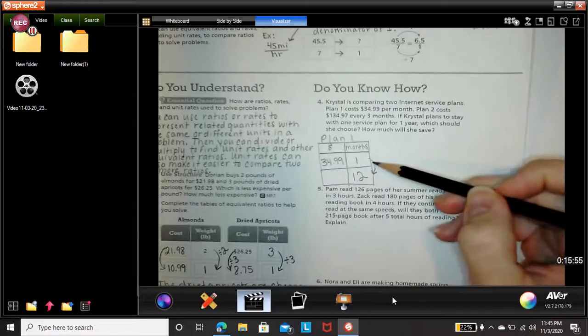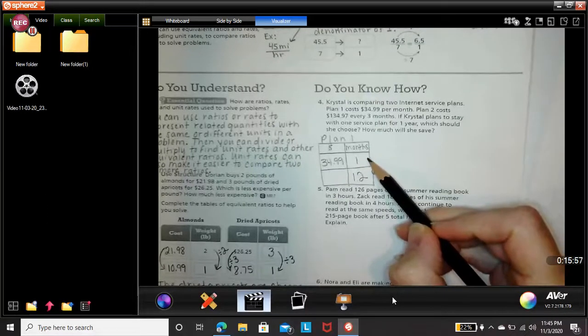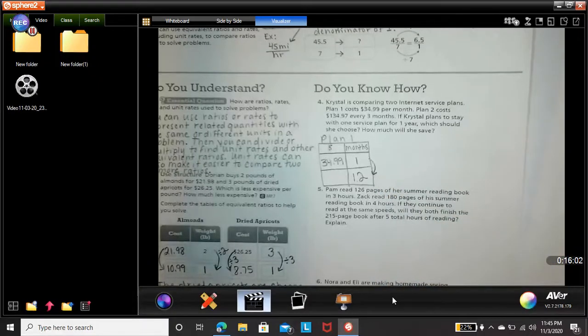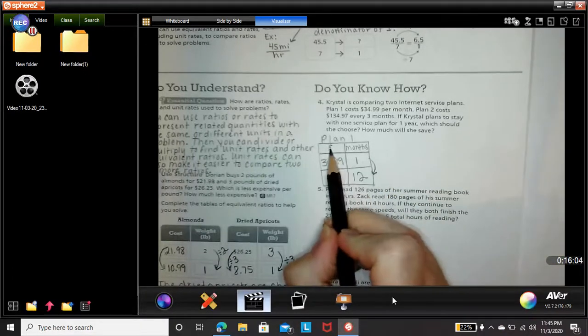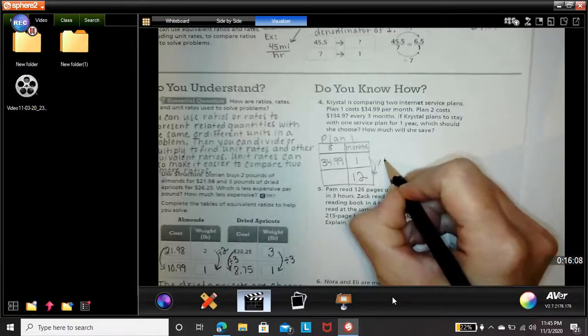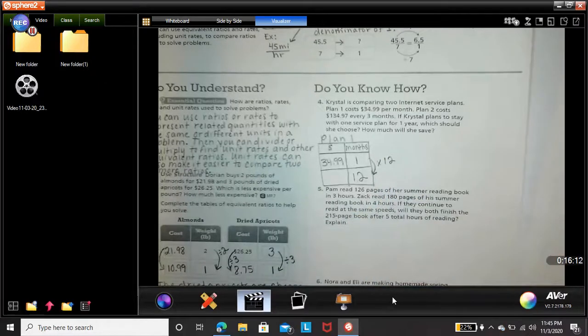So here you'll notice that the number is going from a 1 to a 12. So we wouldn't really be dividing. But since our units of measure are different, we're going to use the opposite, which is multiplication. So we're going to multiply by 12.